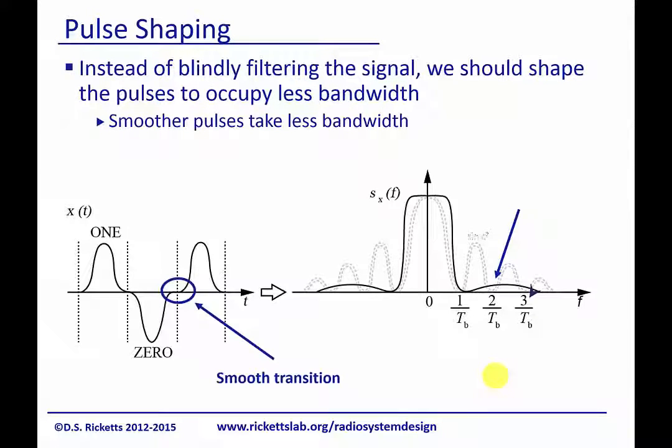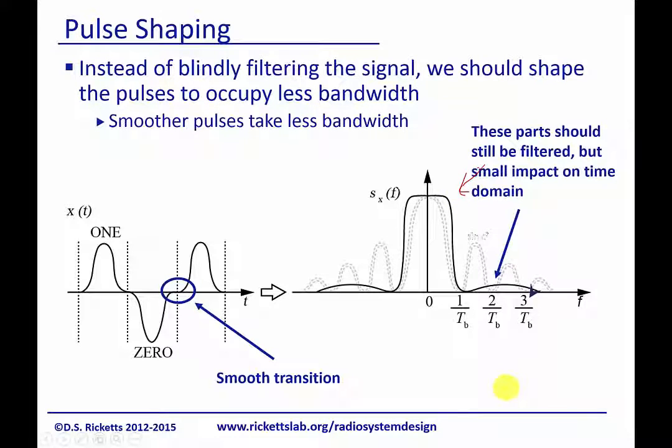So here on the left you can see a smoother transition, and the resulting filter might look like what we see over here, and we could still maybe filter out this extra piece over here on the right that maybe wouldn't affect it too much in the time domain. So the idea is there's some way that we can filter our time domain signal to give us a little bit more of a very limited frequency signal.